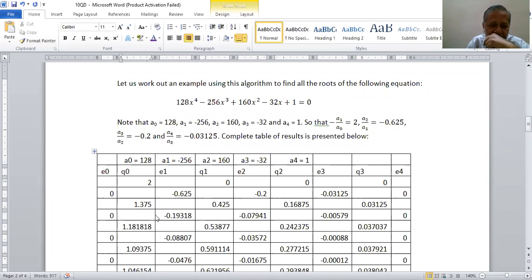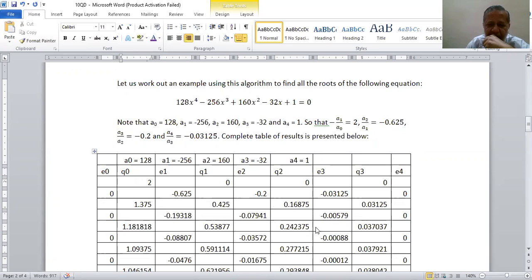When I go to develop the values of E's in the next row, we consider the value of Q just to the right divided by the value of Q just to the left multiplied by the last value of E. The next value, we make this number using the latest Q value on the right divided by the latest Q value on the left multiplied by the last E value, and so on.